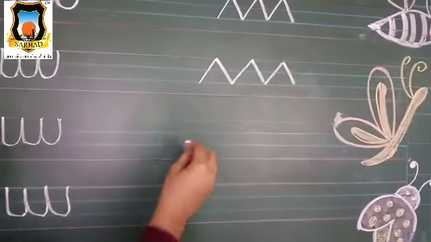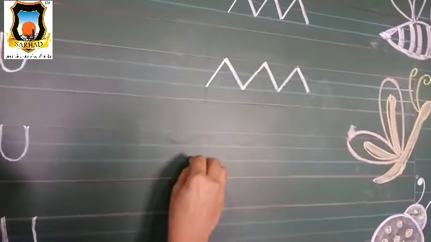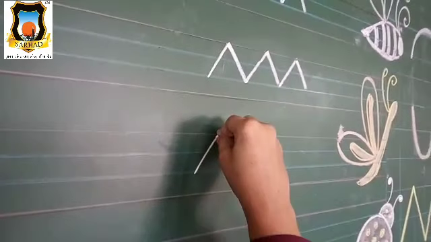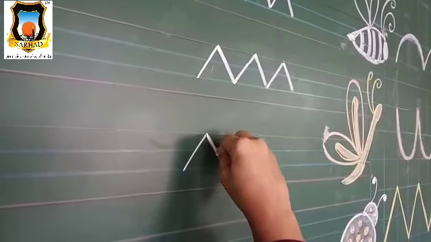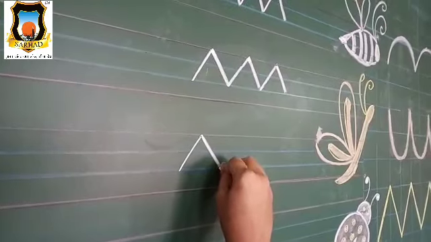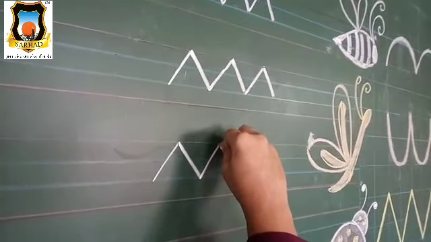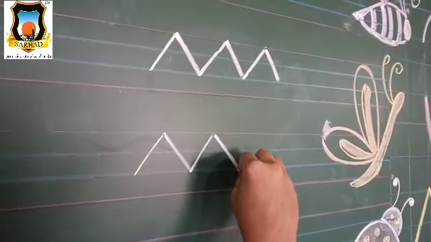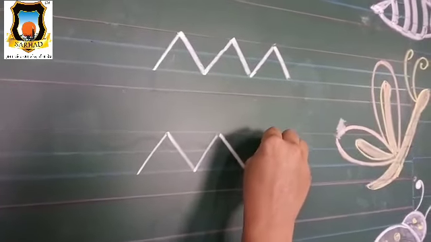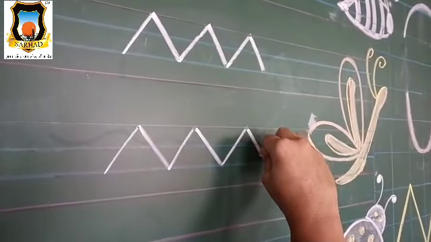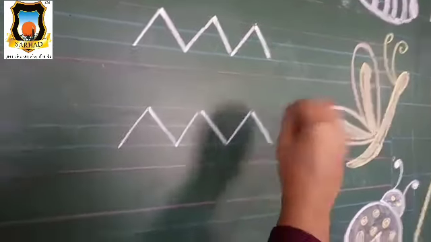Okay children? Now again go up, draw a right slanting line. Go down, draw a left slanting line. Again go up, right slanting line, go down, left slanting line, go up, right slanting line and go down and touch on this second blue line, left slanting line.